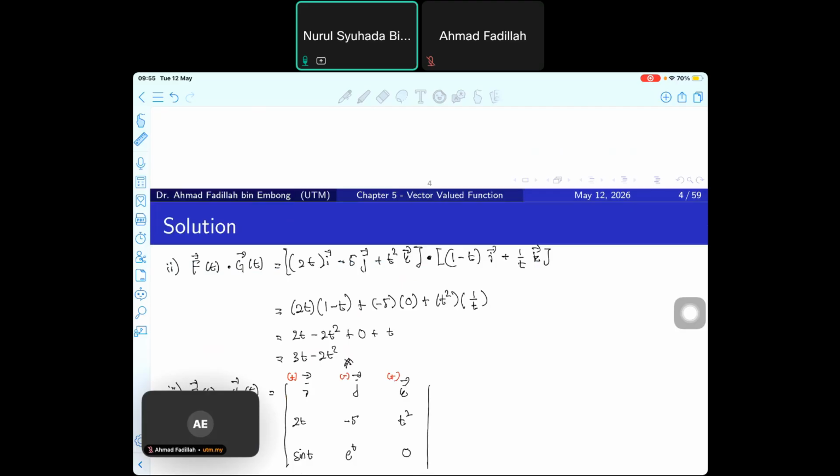For example, the ith component over here we multiply with the ith component over here, so 2t times (1 minus t). This becomes our ith component.